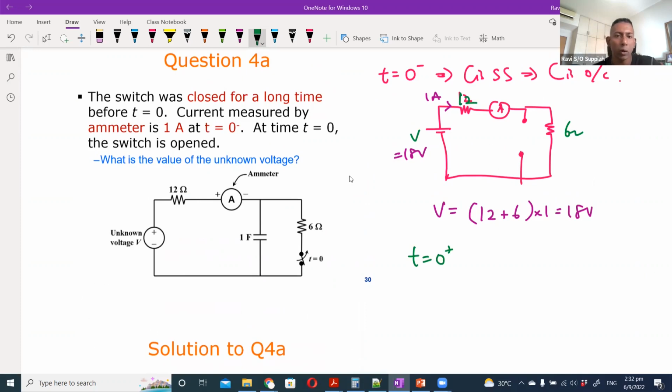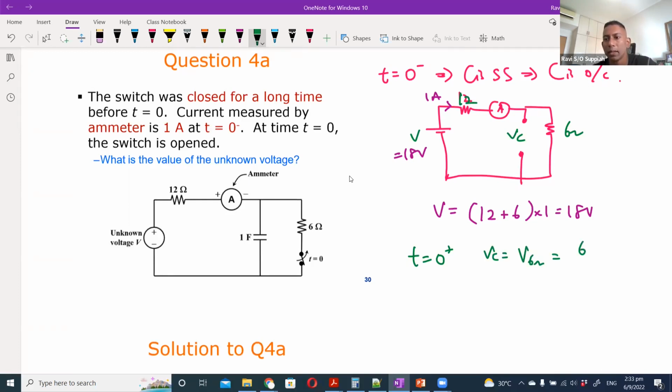Once I open the switch, there is no more current flowing through the 6 ohm resistor. But the 6 ohm resistor and the capacitor are in parallel, which means they both have the same voltage. Correct? VC is the same as the voltage of the 6 ohm resistor.